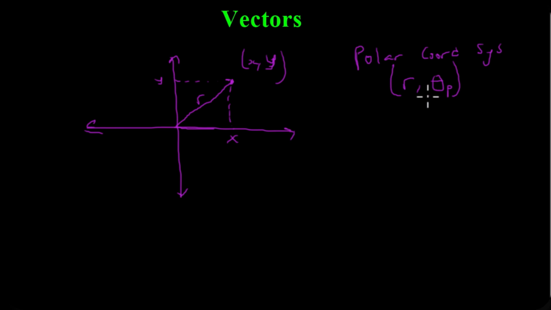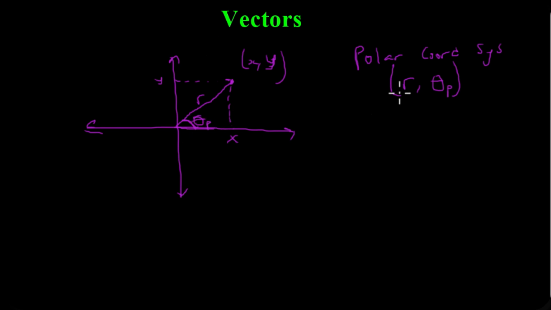Hence the direction, my polar direction. This is the angle my r makes with the positive x-axis, measured anti-clockwise. This is my positive x-axis, this side here, and then I'm moving anti-clockwise. So this is my theta polar.